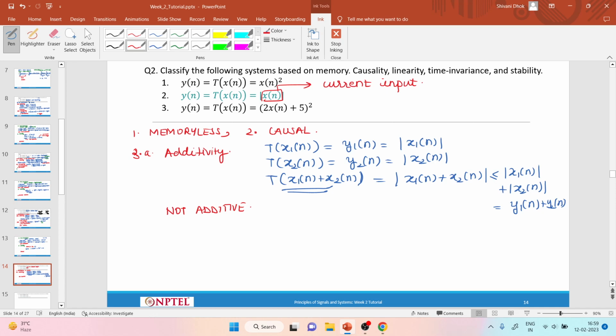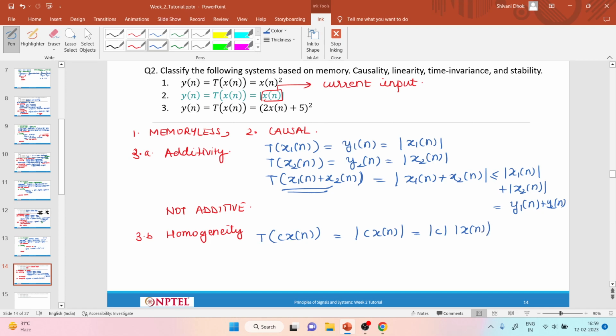Next thing that we'll look at is homogeneity. If my input is scaled by a factor of c, its output will be absolute value of c times x of n, and this is equal to mod of c into mod of x of n.